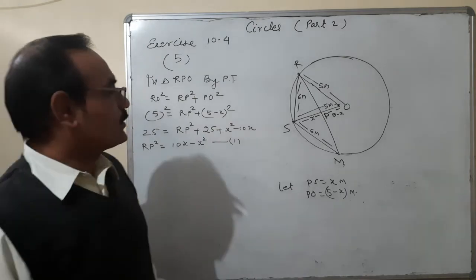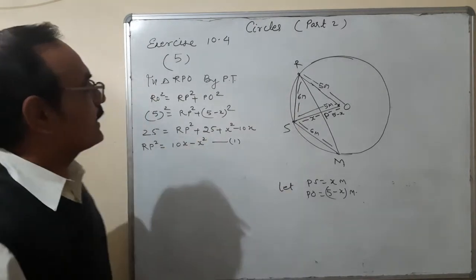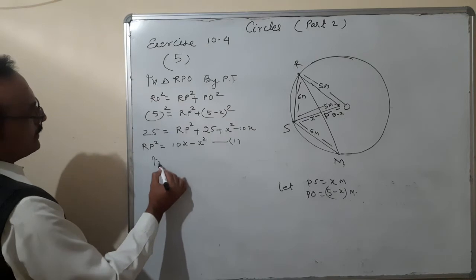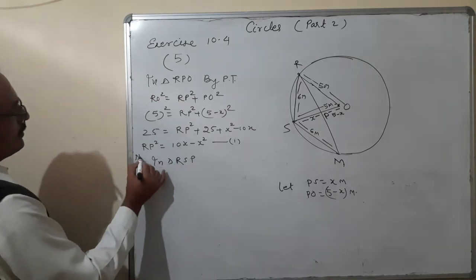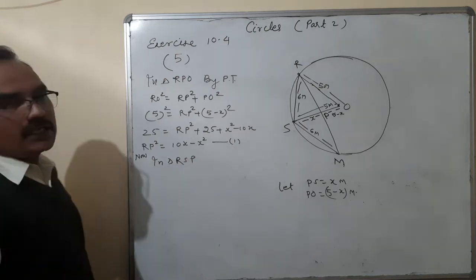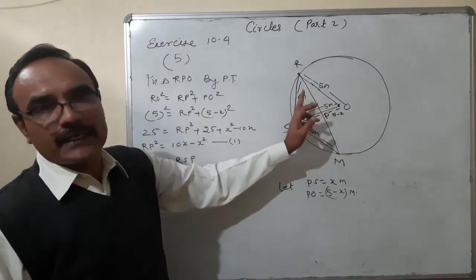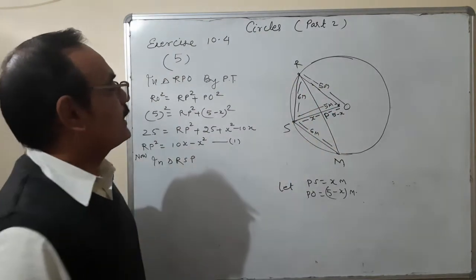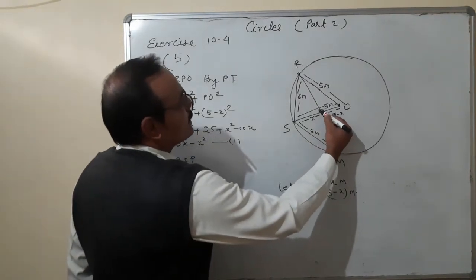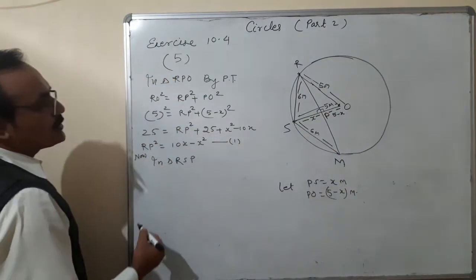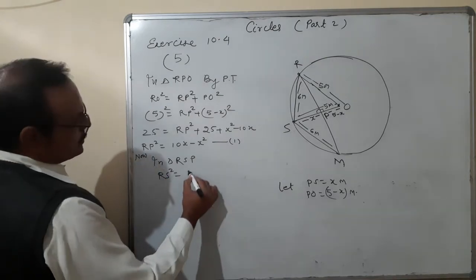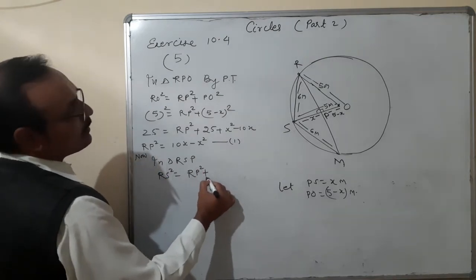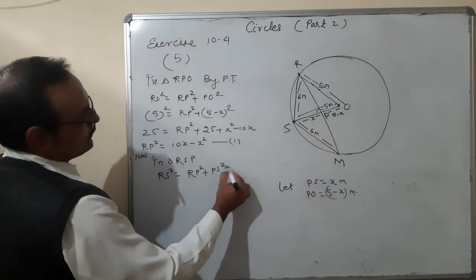Now taking another right angle triangle, triangle RSP. Since it is 90 degrees, RS square is equal to RP square plus PS square.